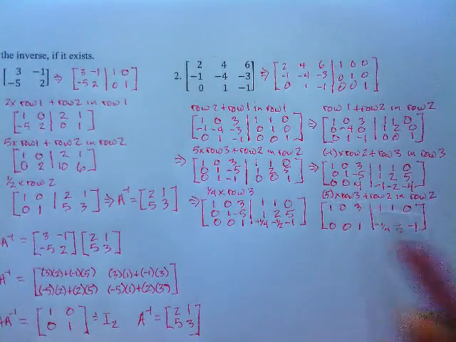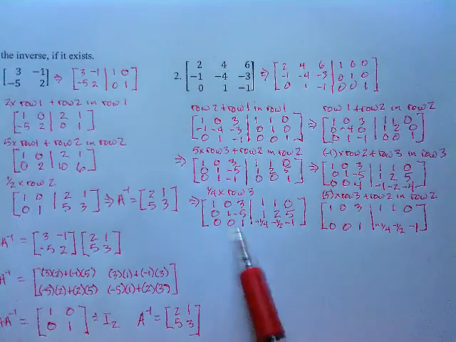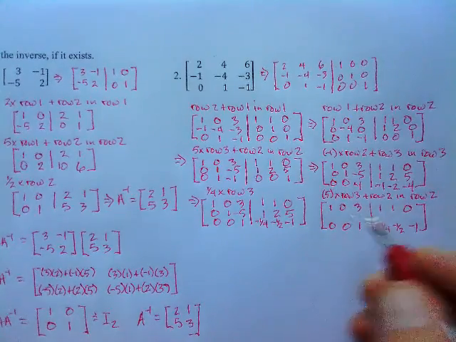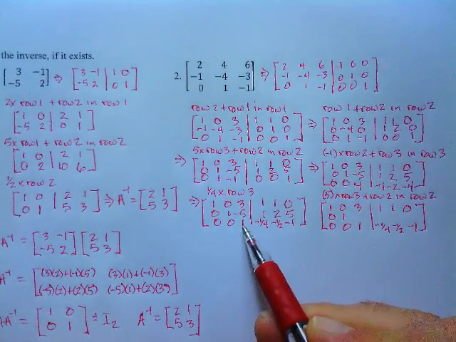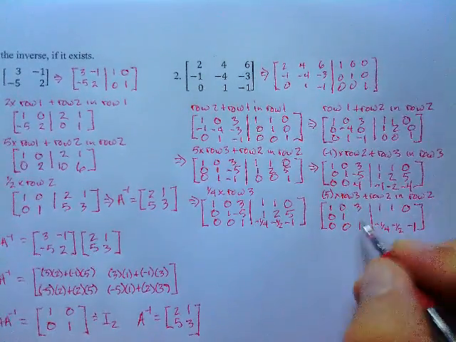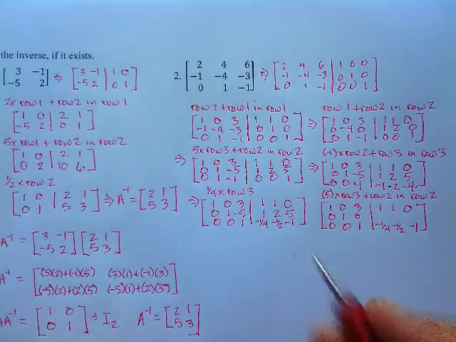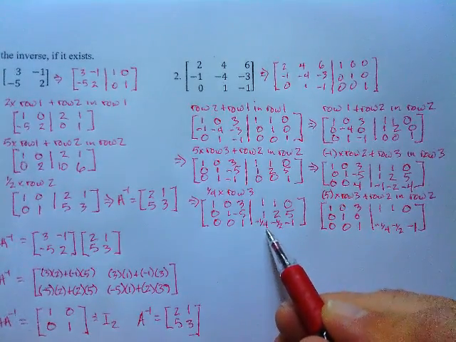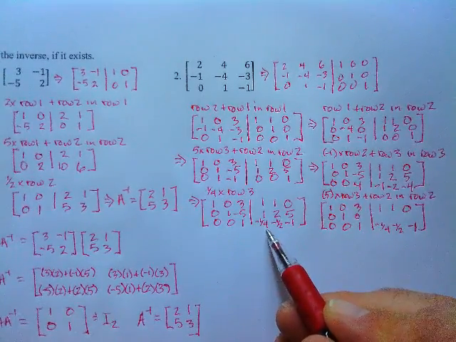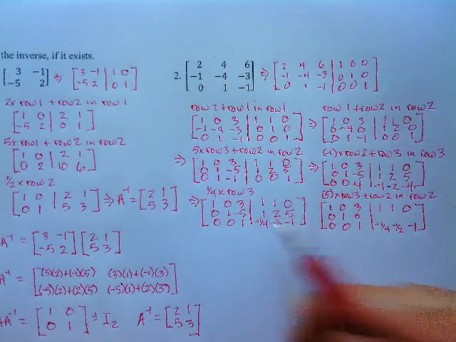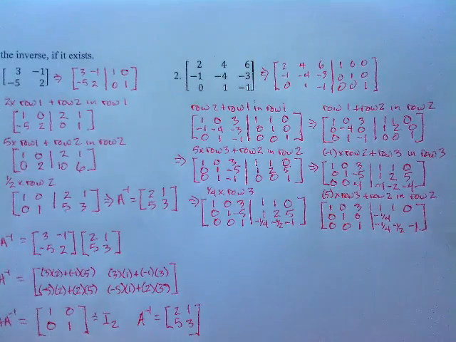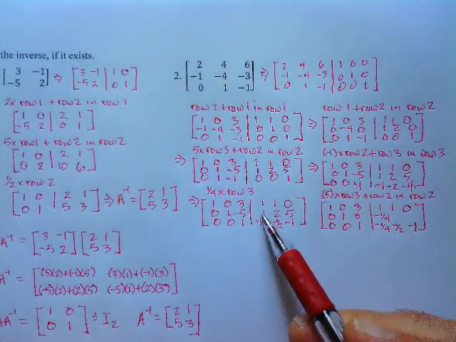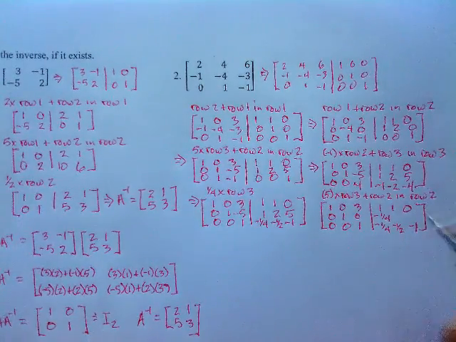So again, 5 times row 3. So the zeros don't matter. That won't change anything. So that'll stay a 0. That'll stay a 1. 5 times 1 is 5. 5 and a negative 5 gives me 0 there. 5 times negative 1/4 is negative 5/4. Negative 5/4 plus 1 is negative 1/4. 1 would be 4/4, so negative 5 plus 4 is negative 1/4.